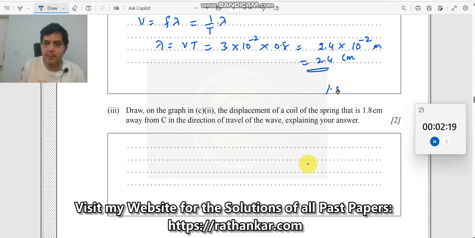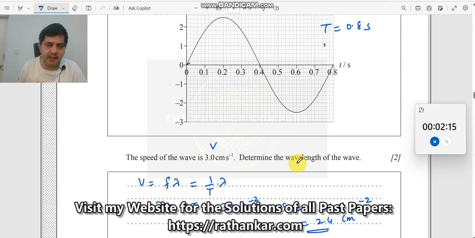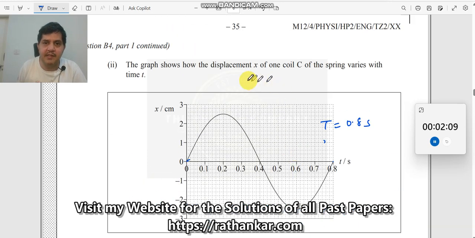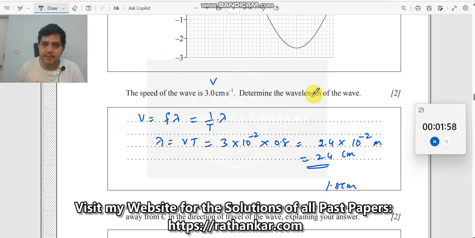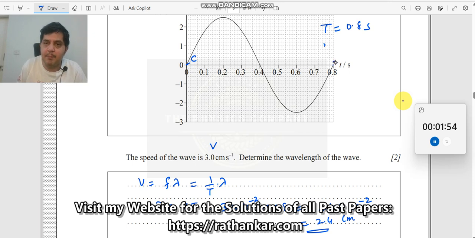See, when I say a point is 2.4 centimeter away from the point C, where is point C here? Point C, the displacement x of the coil C. So let us say this is your point C here. When I say take a point which is 2.4 centimeter away from point C, 2.4 centimeters is one wavelength, right? Which means I would consider a point here.